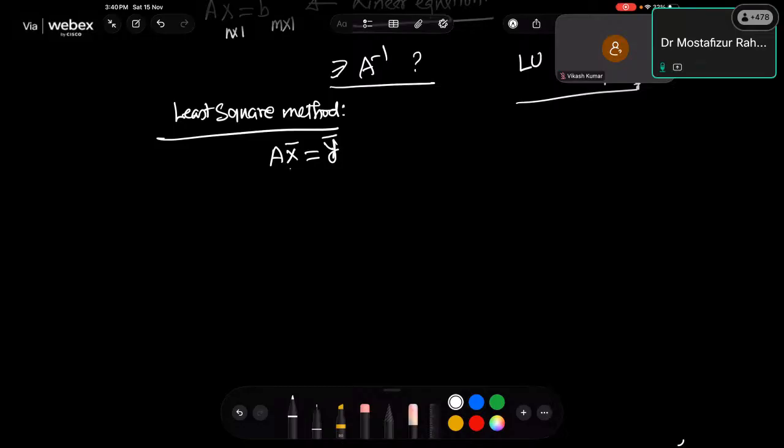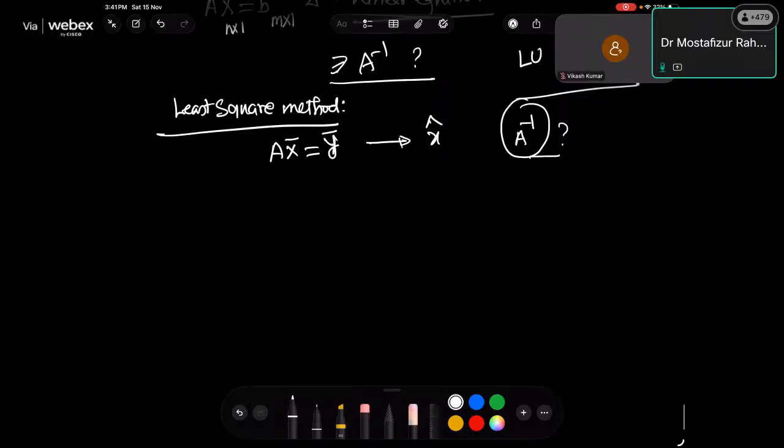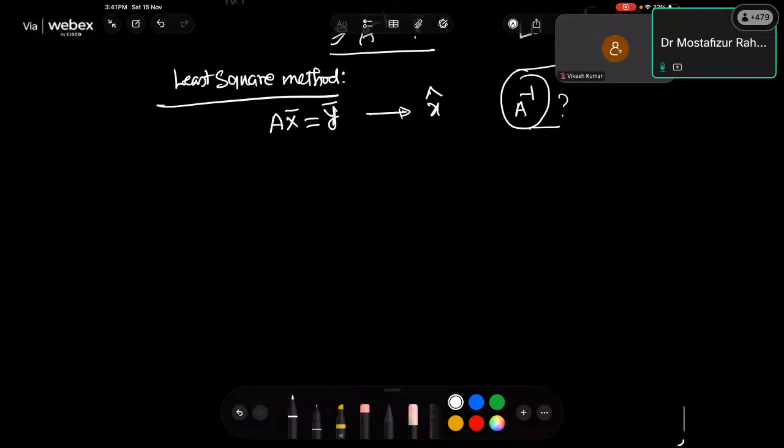And we wish to calculate this X. So out of this, we want to get this X hat vector. If you have a problem visualizing this, I'm writing it this way. If I want to calculate this X hat, directly I cannot do A inverse, because it's a rectangular matrix, as well as the condition number and other things will be there. But for now, it's just an ordinary matrix, right?